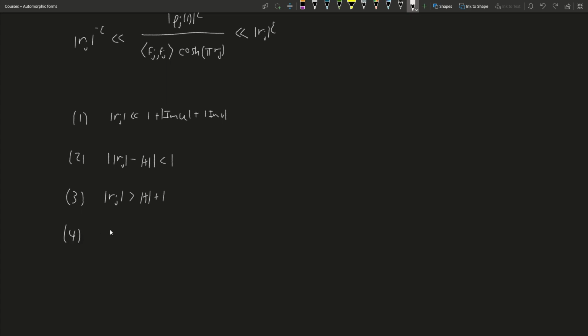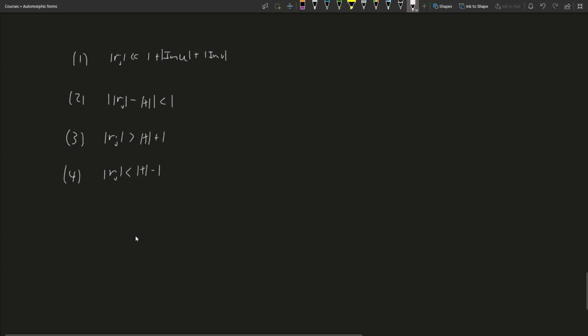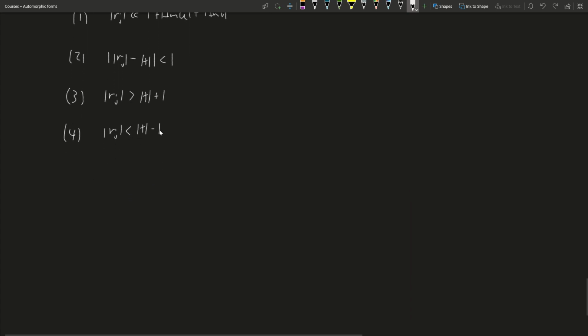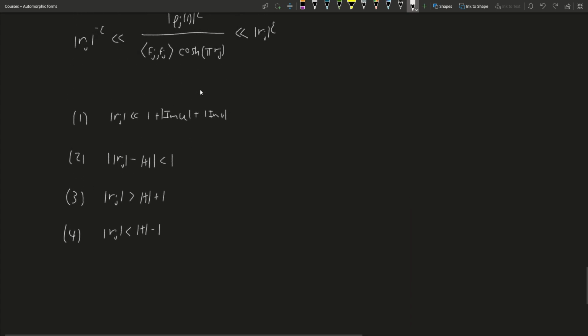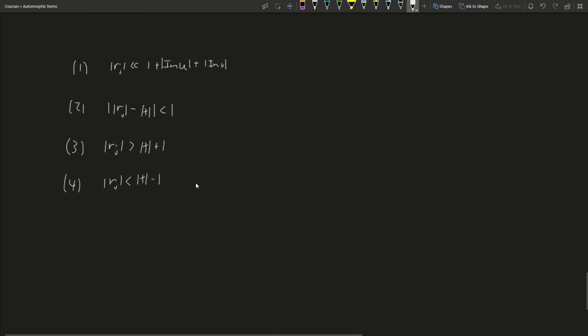And part 4, this is going to be the interesting one, and this is the one that I'm going to focus on, is when Rj is less than t minus 1. So when t is bigger than r. This is the tricky part, because here there's no exponential decay.